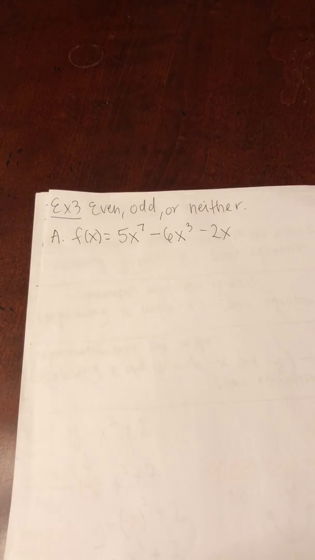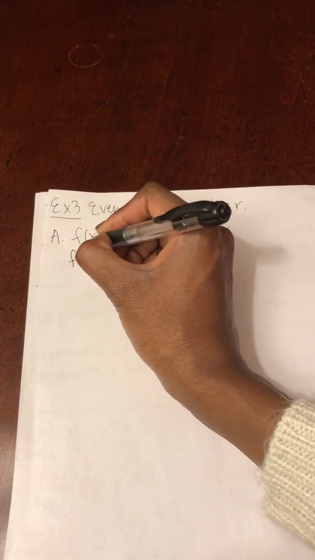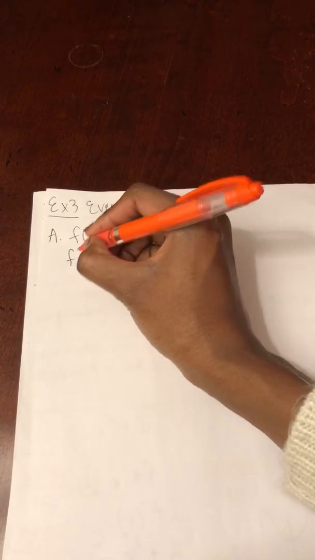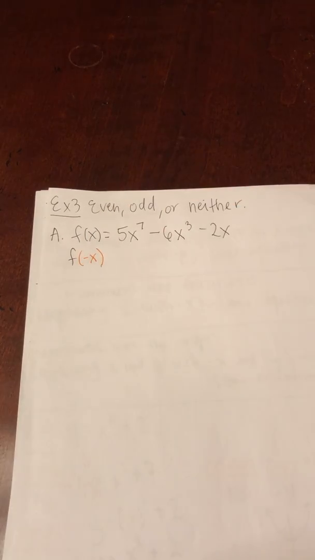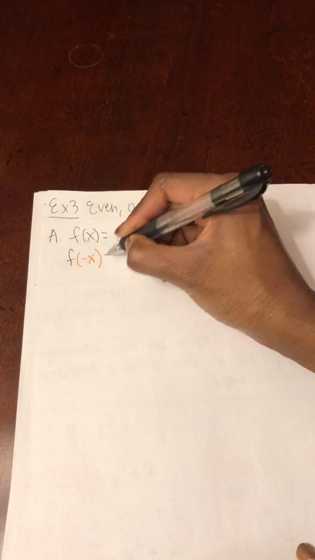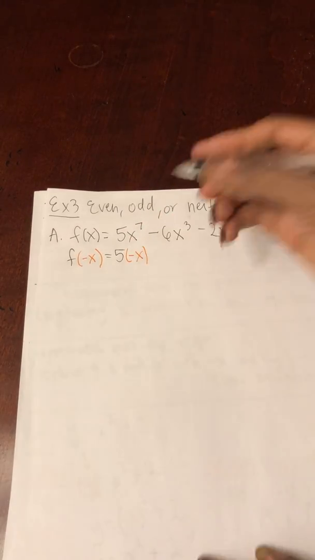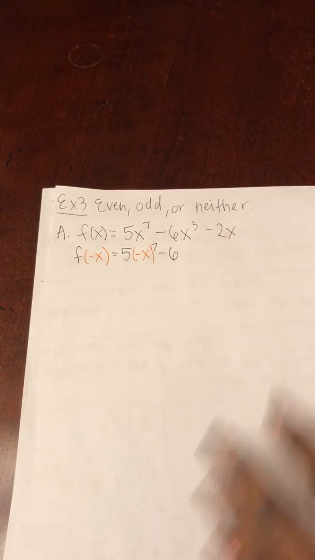So this is the first one. Right, so we're going to check whether it is, I guess we can do both of them at the same time, right? Because we're going to be plugging in a negative x. Makes sense, right? Okay, so let's plug in a negative x instead of a positive x and see what happens, okay? So everywhere there's an x, I'm going to plug in negative x, okay?